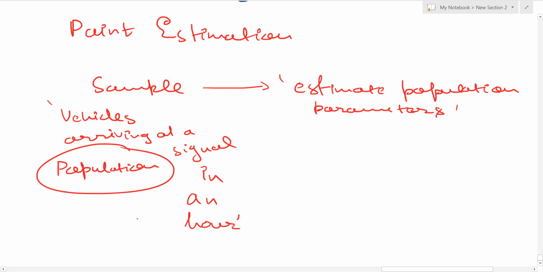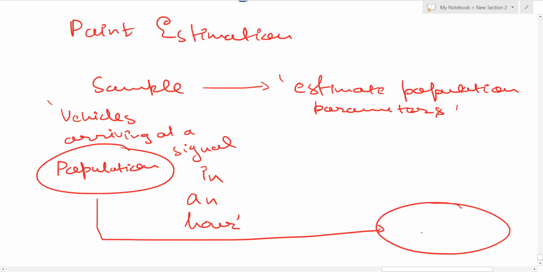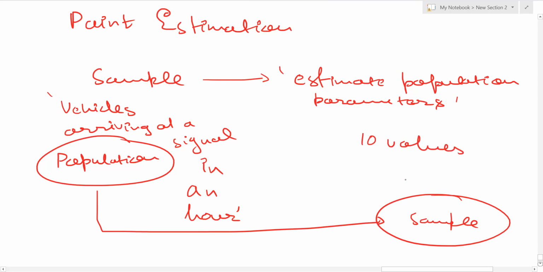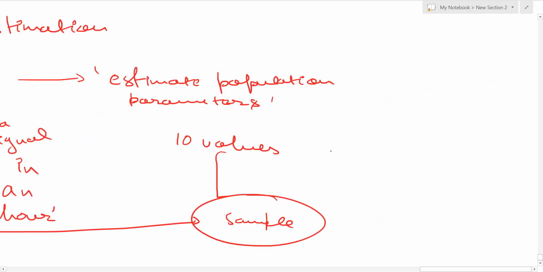And out of this general population, you have a sample which consists of, let's say, 10 values, the number of vehicles that have arrived in 10 different hours. So the 10 values of this sample will pertain to 10 different hours.